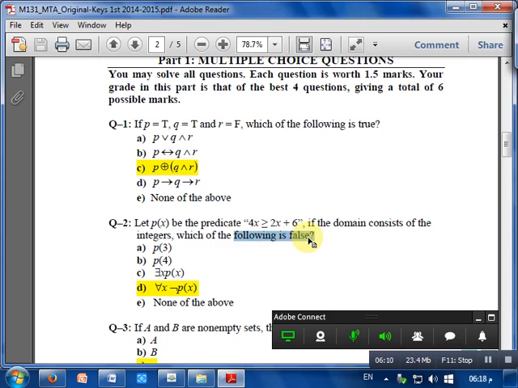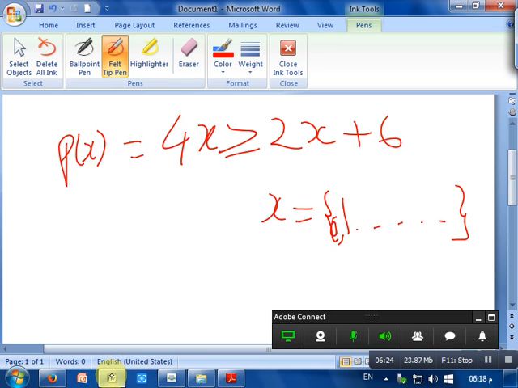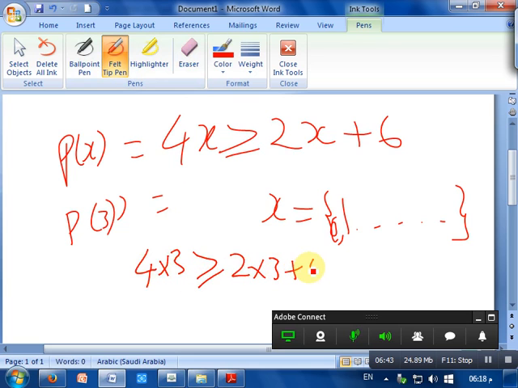Then which of the following is false? Now you have to check whether this is false. From these, which is the false? So if you take P of 3, apply here: if you take x as 3, that is P of 3, which is 4 into 3 greater than or equal to 2 into 3 plus 6.